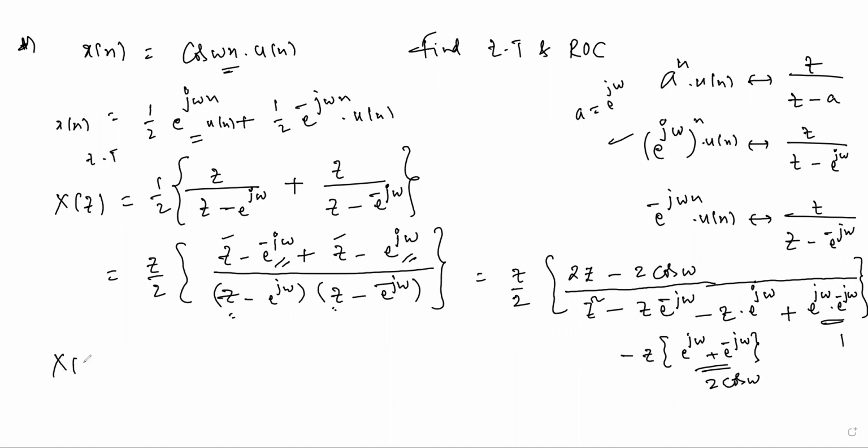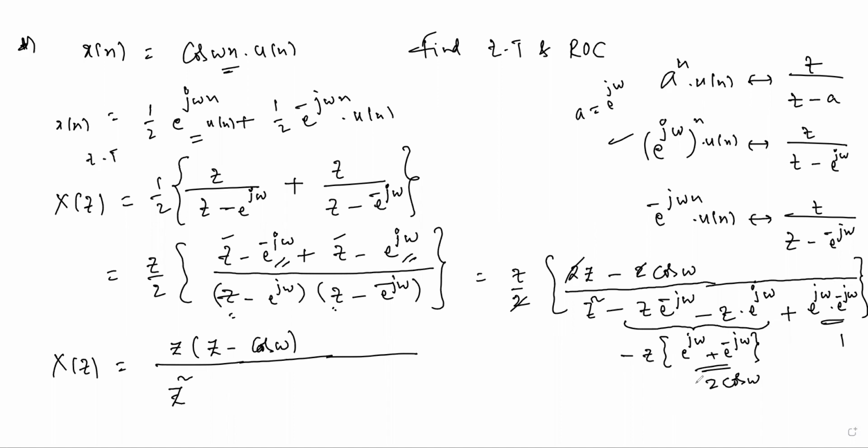Then what is x of z we are getting? Here these two cancel. It means z multiplied by z minus cos omega in the numerator. In the denominator, z square first term, and these two terms we have simplified to 2 cos omega.